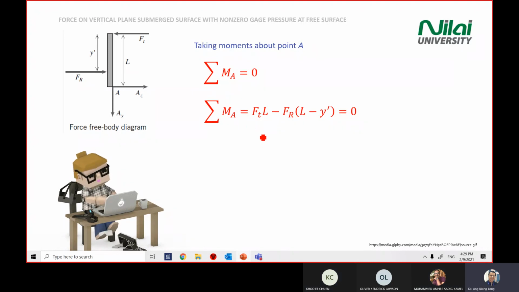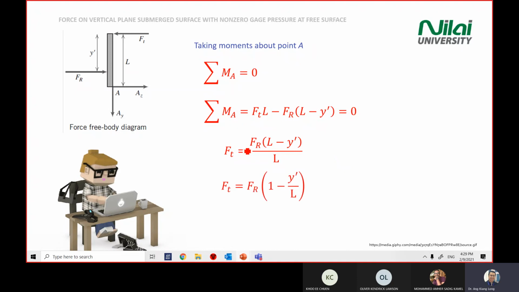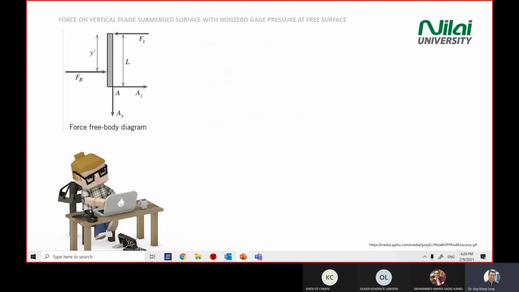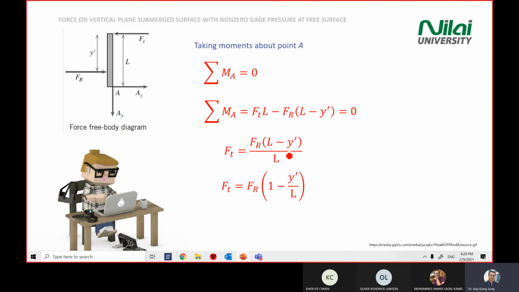Yes, sir. Okay. Right. Then you rearrange the equation. You get this equation like you see on the screen. And then the rest is just substitution. There's no complex concept here. Just rearrange your equation, or you can stop at the third line here and then you substitute.